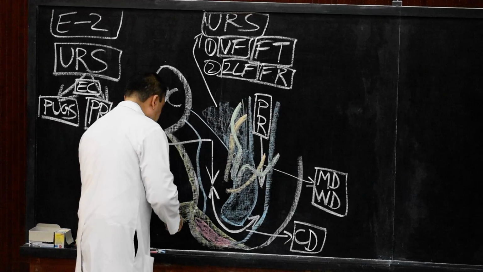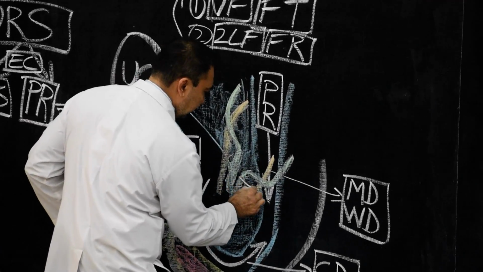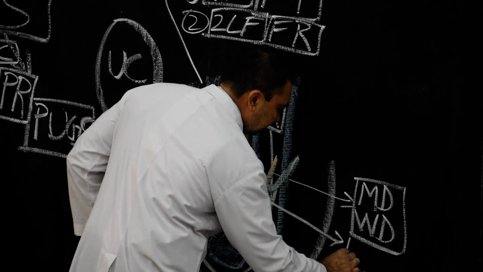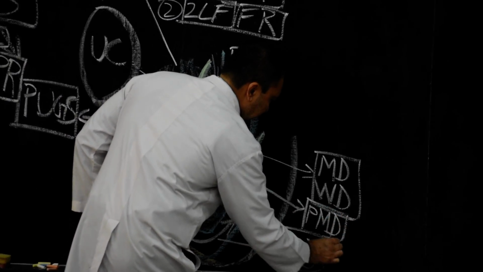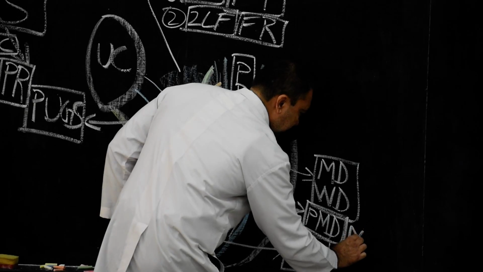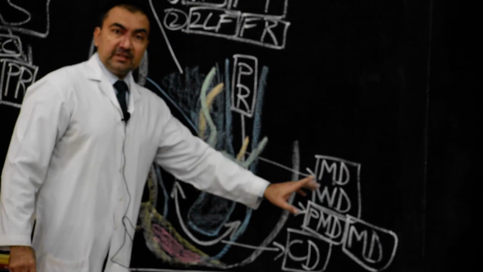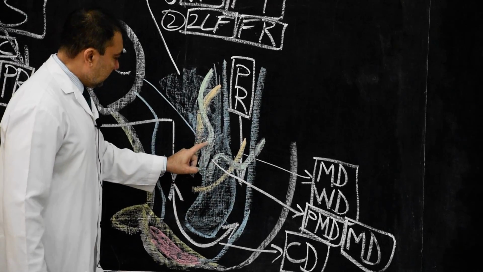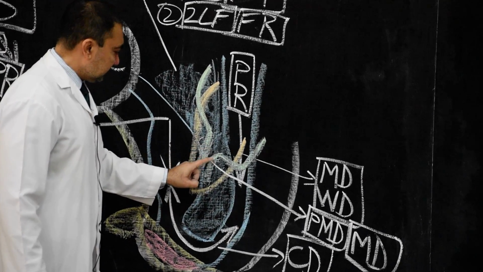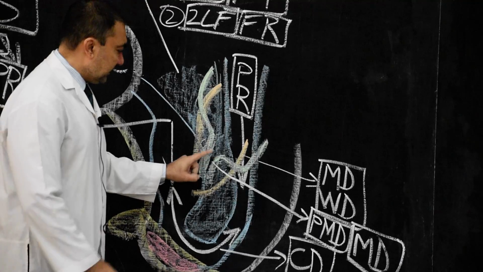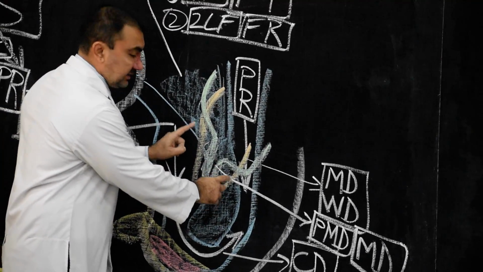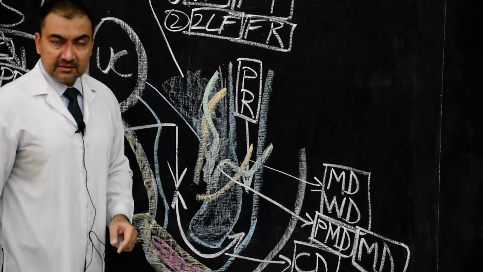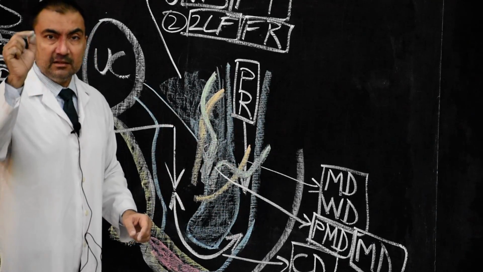So now let us mark these two over here as paramesonephric ducts, and they are also known as the Mullerian ducts. These two structures are very important. A pair of paramesonephric ducts or Mullerian ducts which are lying medial to the pair of Wolffian ducts or mesonephric ducts in urorectal septum.